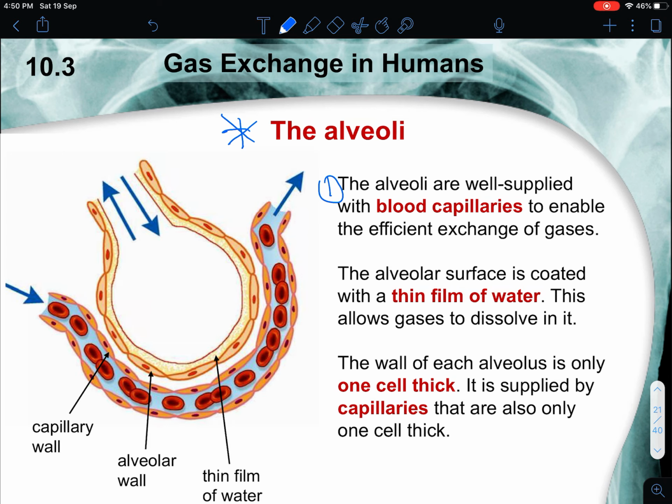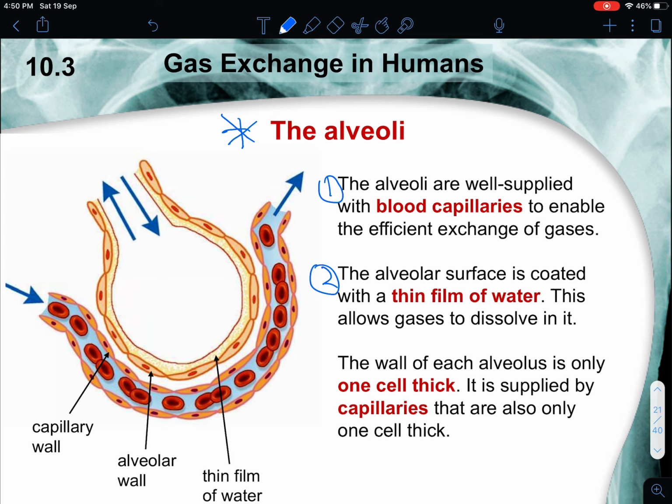Second, the alveoli surface is coated with a thin film of moisture or water to allow your gas to dissolve in it. So this aids the gas to dissolve into the blood vessels as well. Because initially the gases are in a gas state, whereas what is transported may not be in a gaseous state.